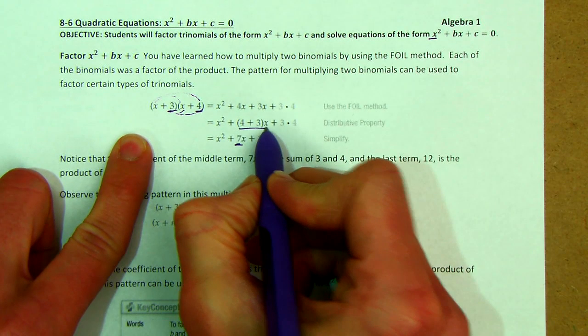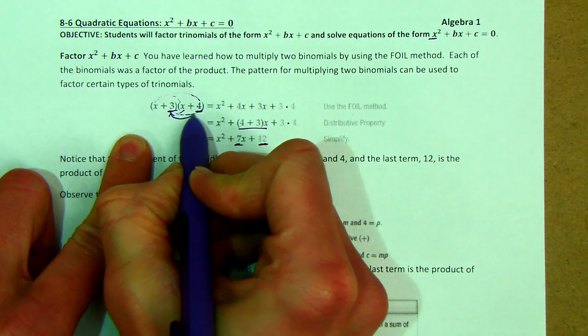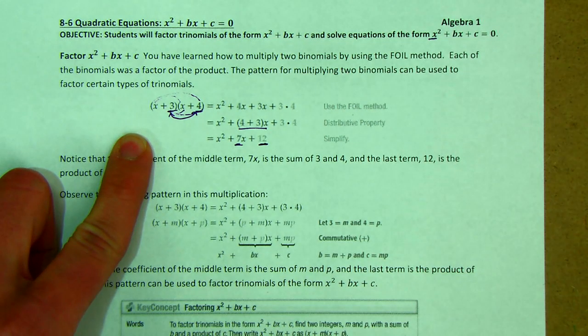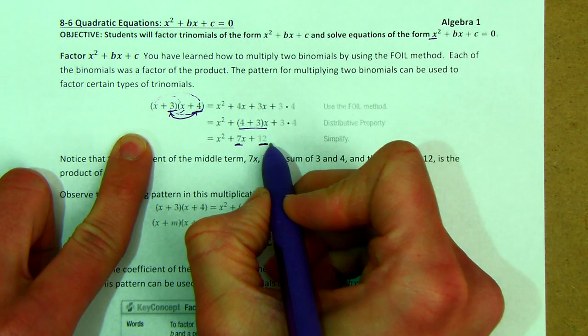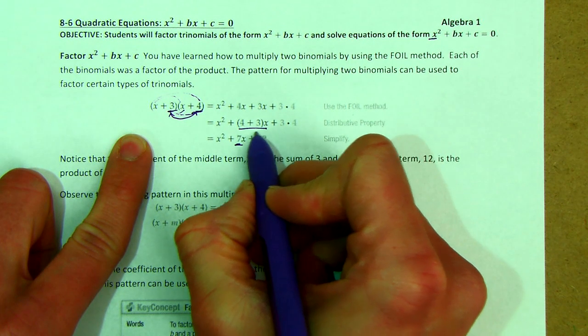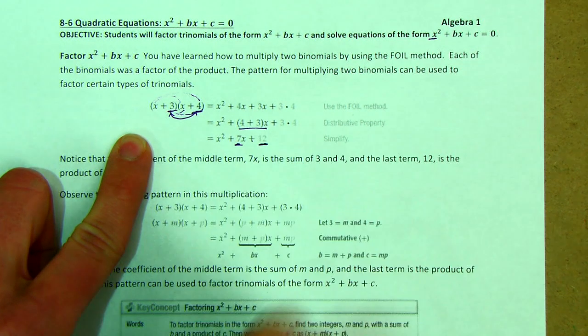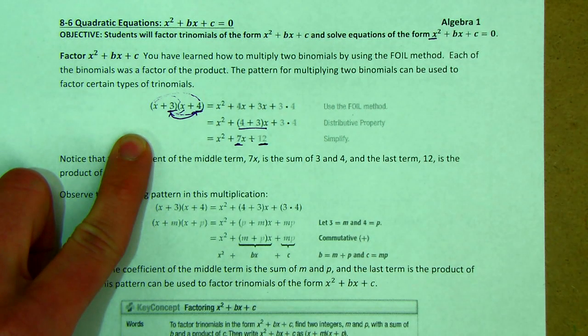I will say that a lot: the product of 12 and the sum of 7, and we need to find those two factors. Then we'll put it like this, and look, there's positive 3 and positive 4.